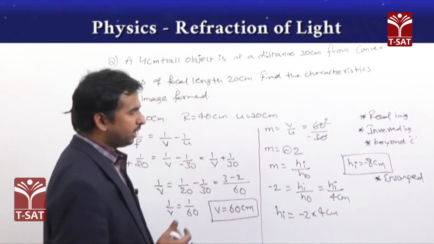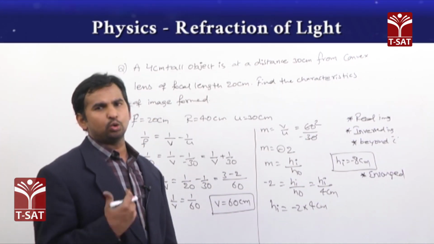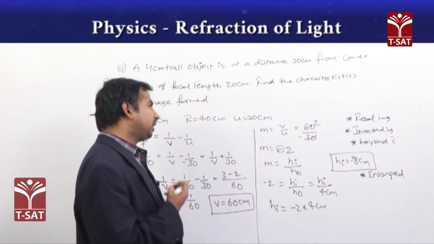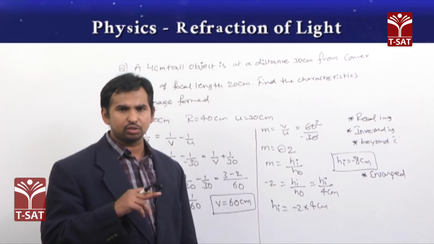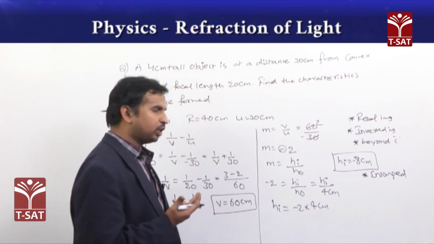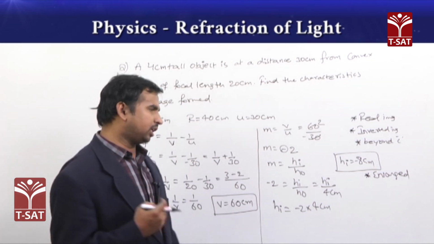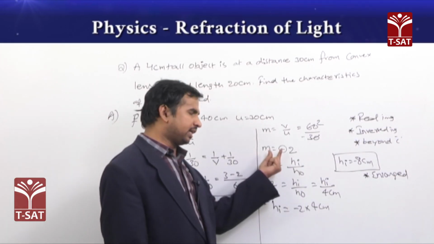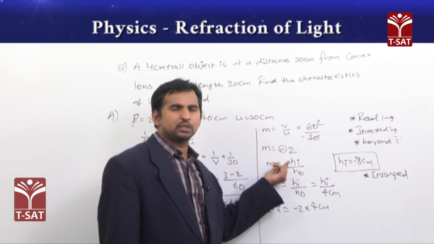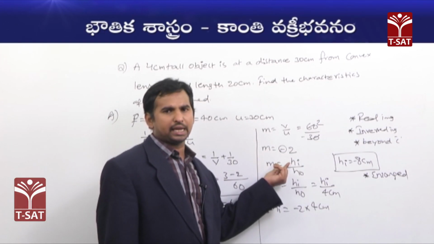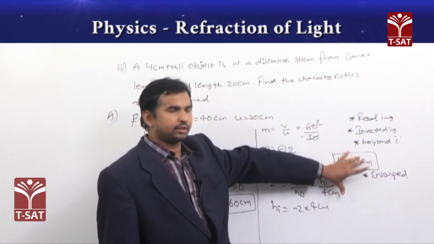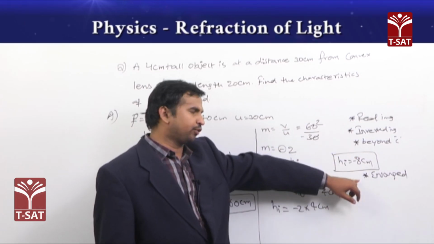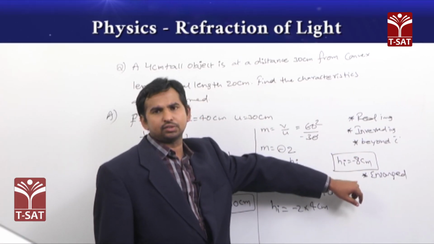That's why we are getting a magnification value more than 1, and the final height of the image is 8 centimeters, which is 2 times the size of the object. Another important thing is that the minus represents the image formed is below the principal axis. So, these are the image characteristics we got: real and inverted, beyond the center of curvature, and enlarged.